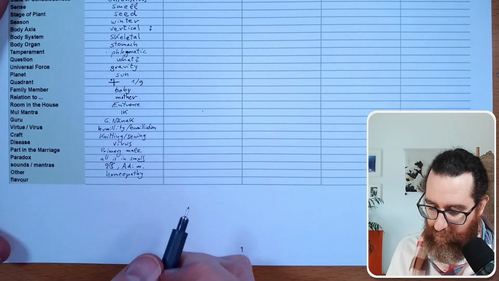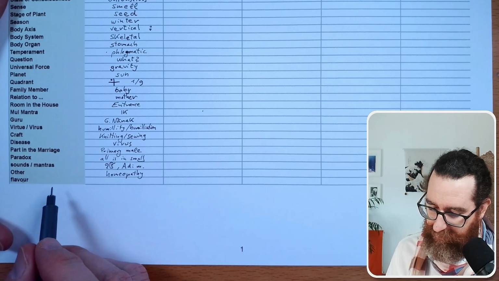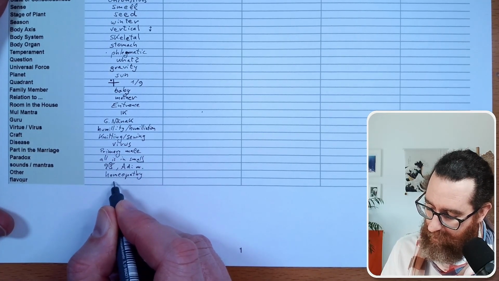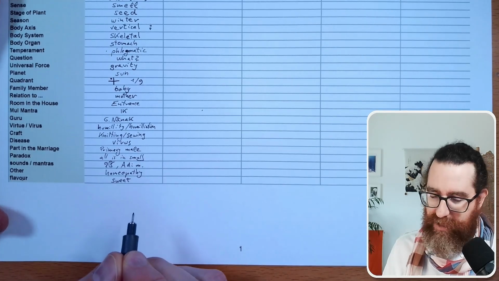And let's put flavor. The flavor should be before others, probably. It is sweet, which is the flavor that you can find in the tip of your tongue. The tip of your tongue is the one that is in charge of perceiving something sweet. And there is something sweet about the alignment.